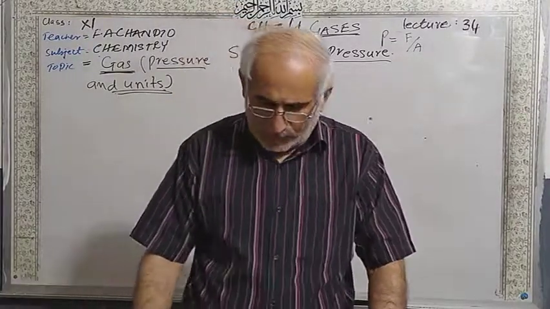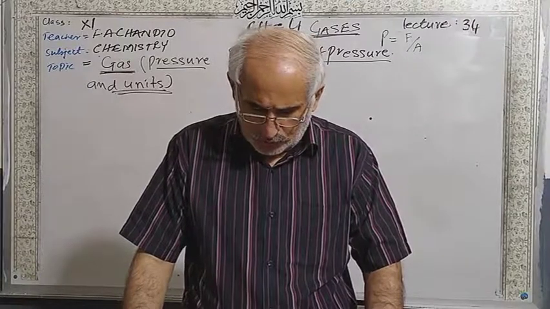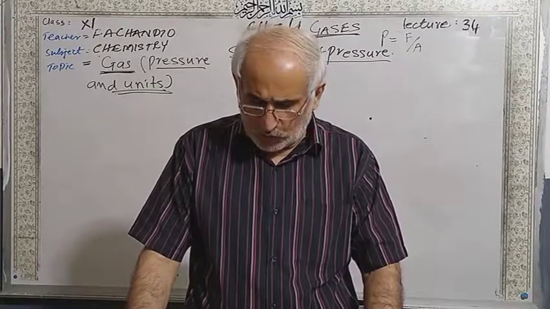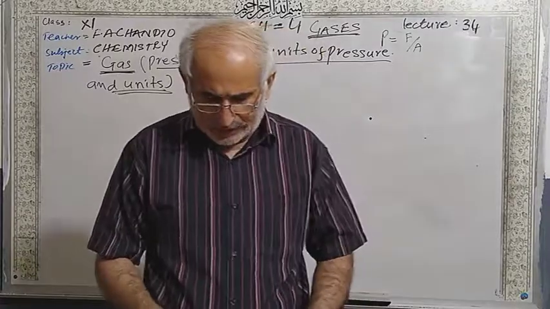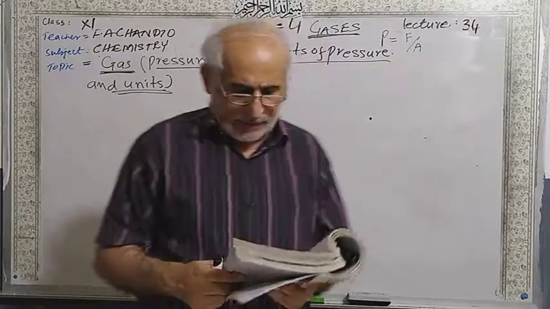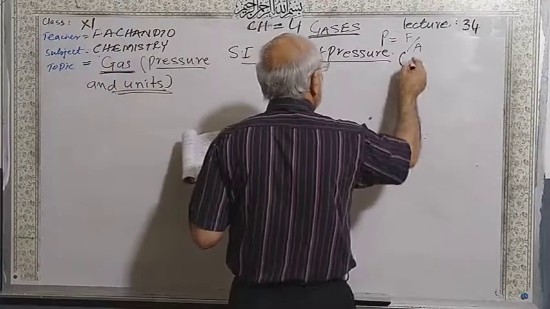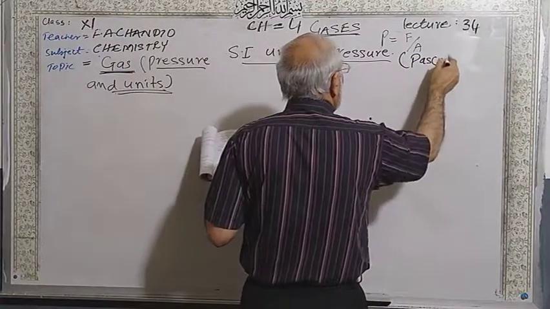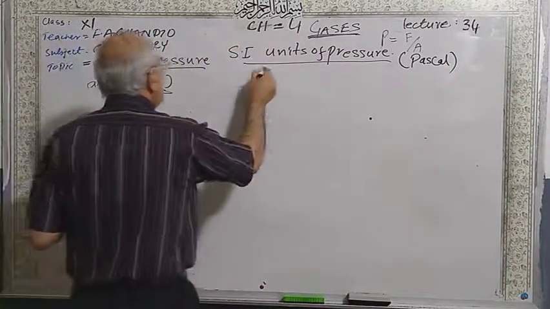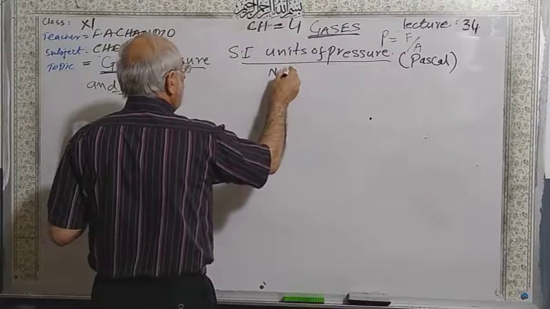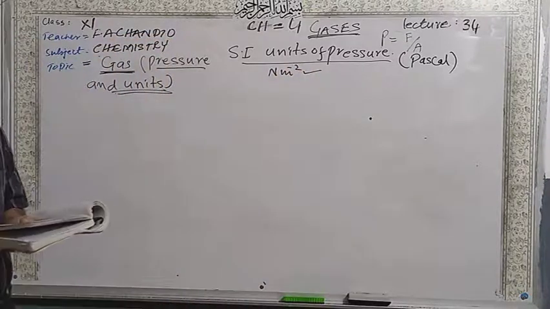Same definition I told you. Unit of force in newtons and unit of area is meter square. So newtons per meter square. Pascal is a SI unit of the pressure. So newtons per meter square.